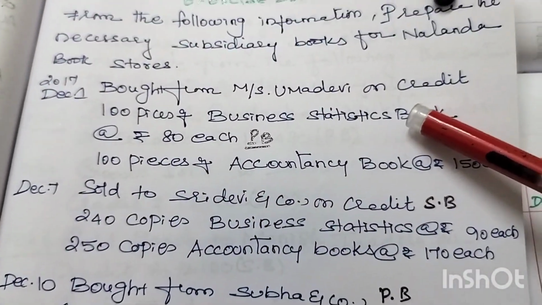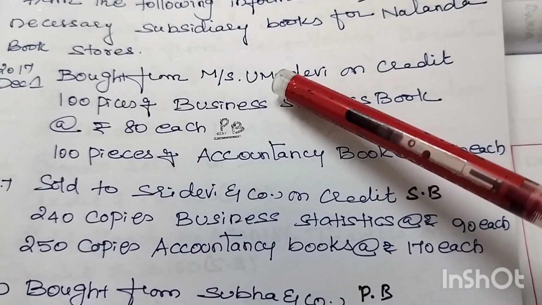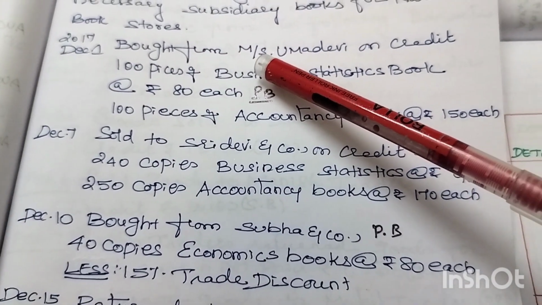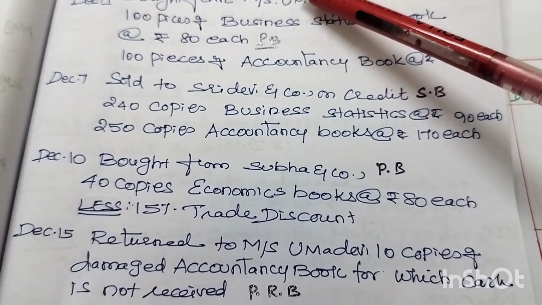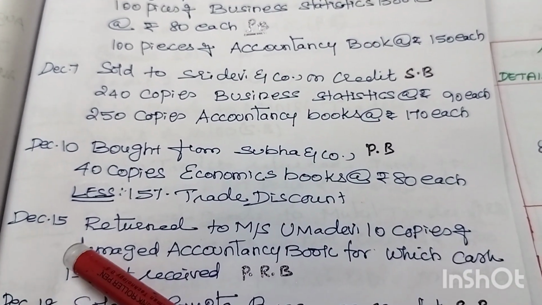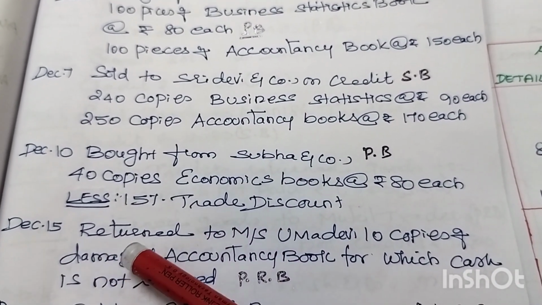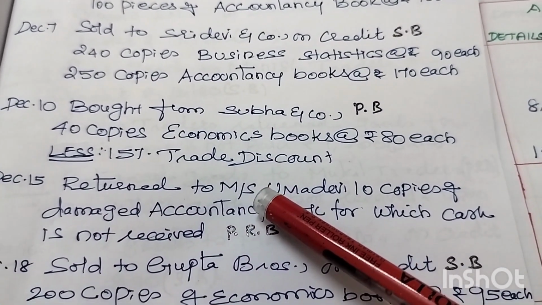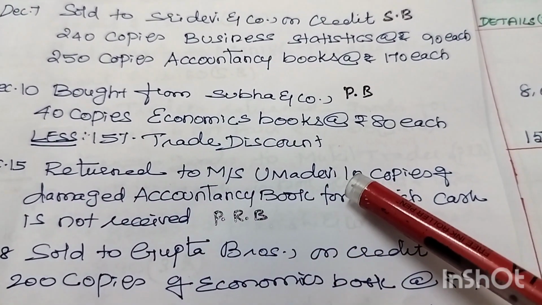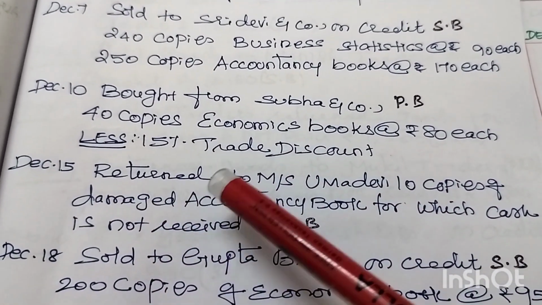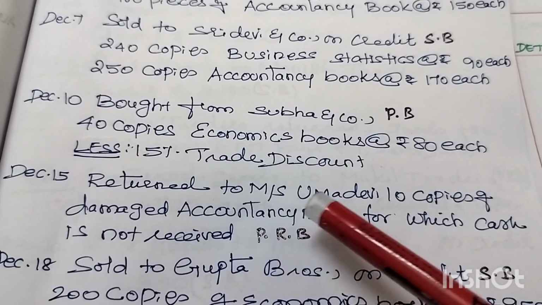Yes, on December 1, Uma Devi made a credit purchases transaction. So for December 15, it is purchases returned to Uma Devi. So you have to consider this transaction as the purchases return transaction.